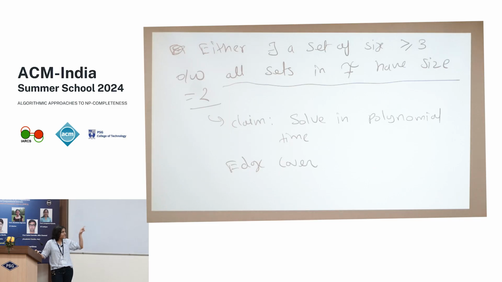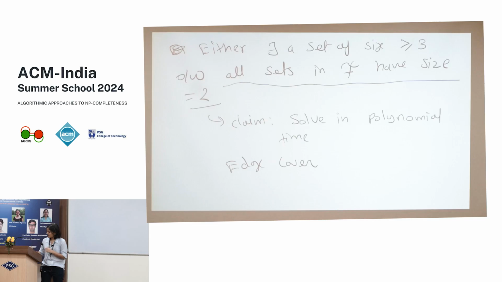Okay, so I will leave this part as an exercise. It is not very difficult to think. You just have to give a reduction to edge cover problem. Basically construct a graph and tell me that if I use minimum edges to cover all the vertices, then I can use it as a solution to set cover.